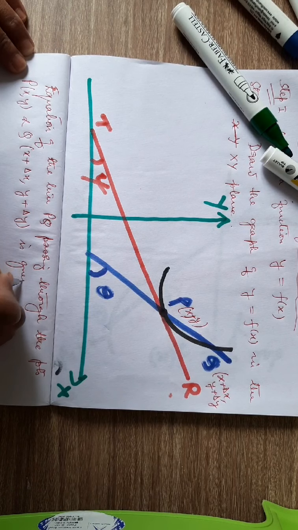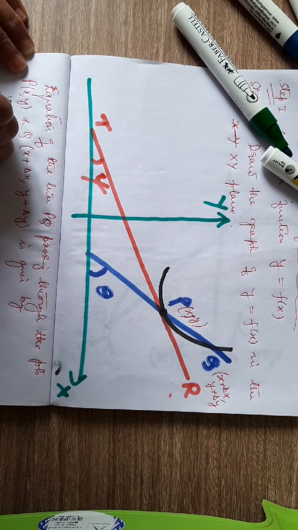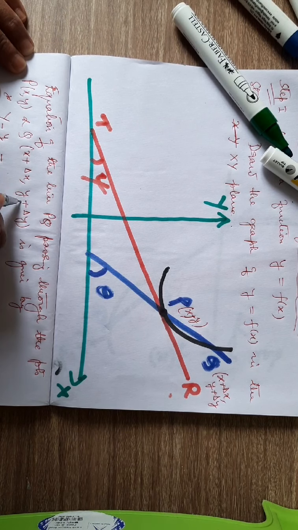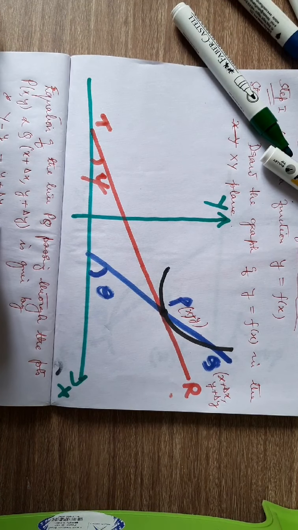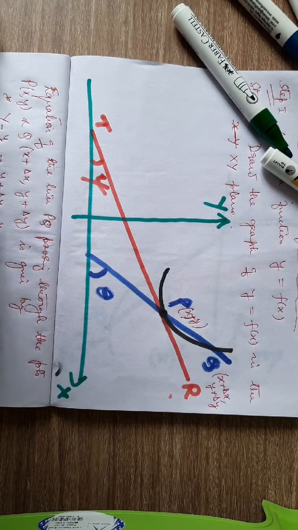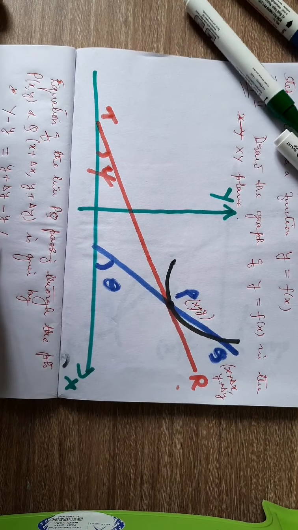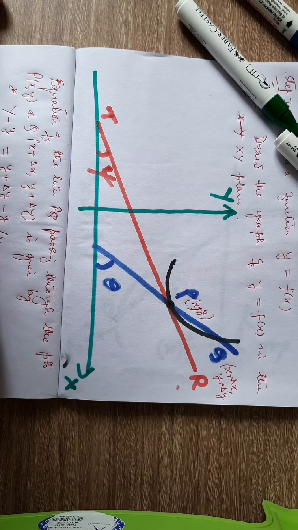It is given by capital Y minus y1, that is small y, equal to y2 minus y1, which is y plus delta y minus y, divided by x2 minus x1, which is x plus delta x minus x, into capital X minus x1. x1 means x here.